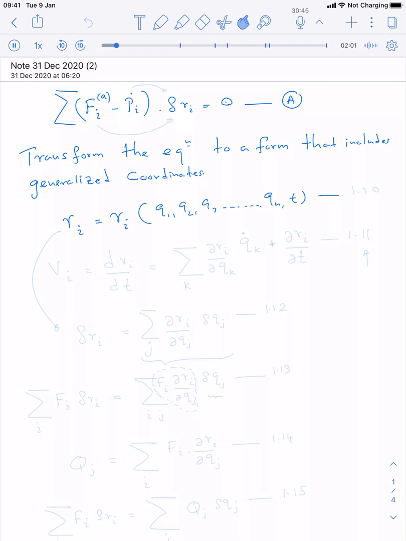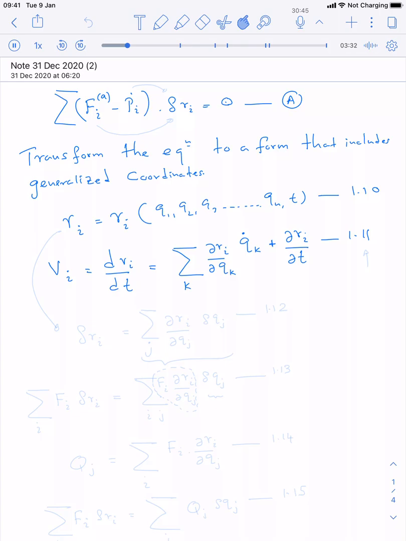So this will be equal to the sum of ∂Ri/∂Qk times Qk dot, and then plus there is a time component here, so that needs to be differentiated separately, ∂Ri/∂t. So let me name this as 1.11. That's the next component.